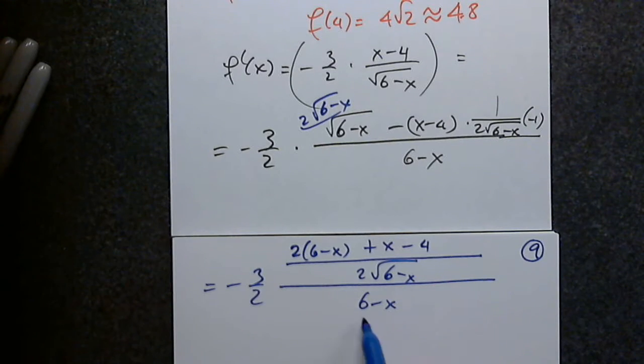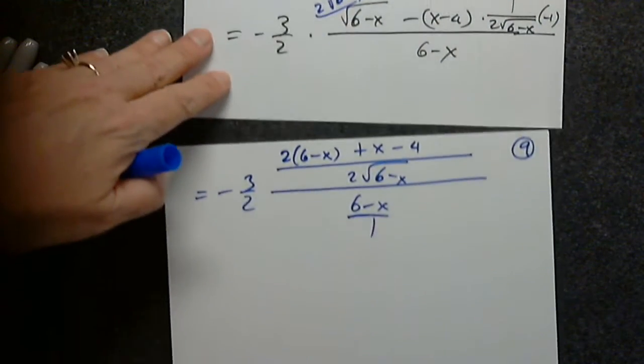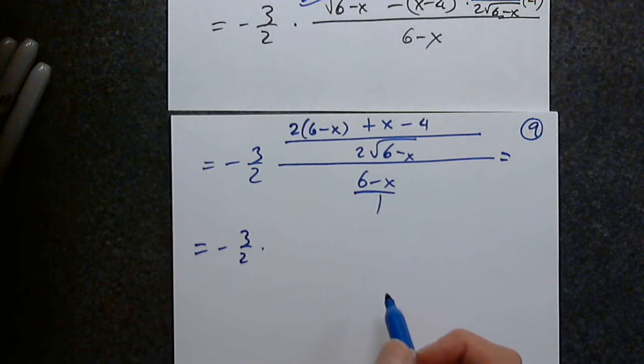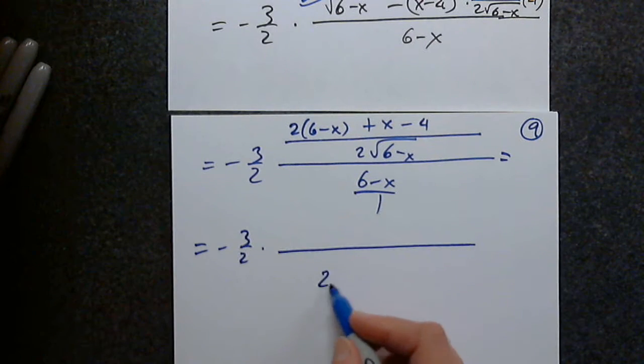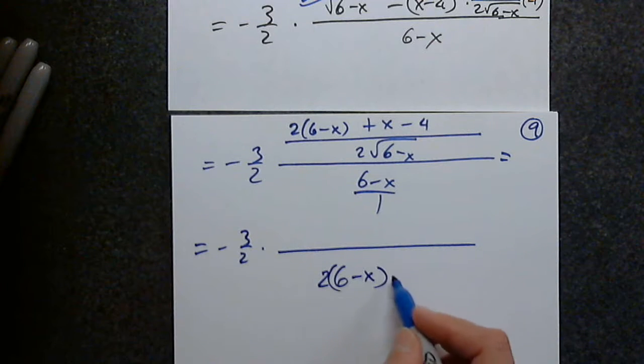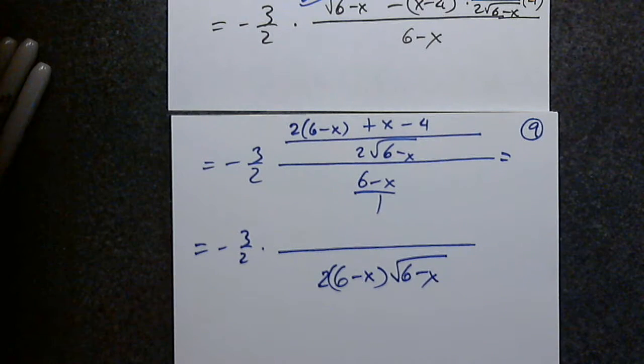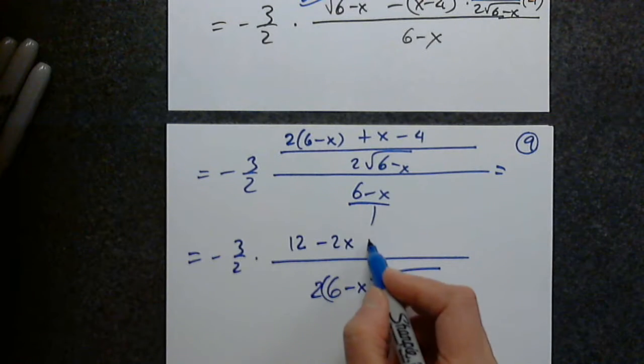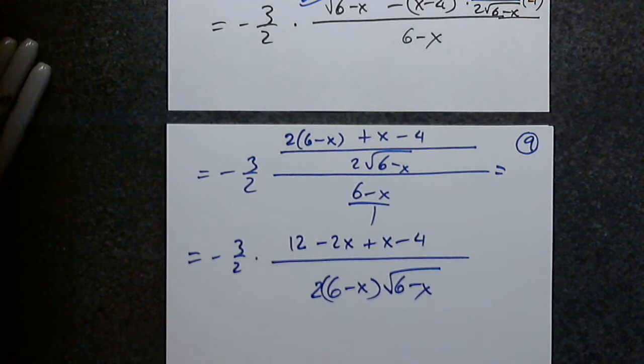This is 6 minus x over 1, and I have to flip that. And I get negative 3/2 times 2 times 6 minus x, the square root of 6 minus x, after I flip the denominator. And the numerator is 12 minus 2x plus x minus 4.